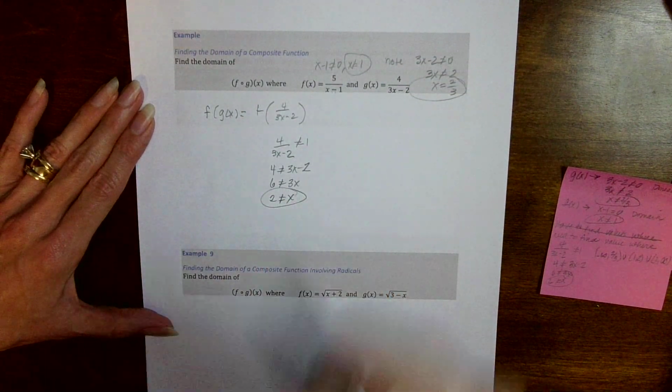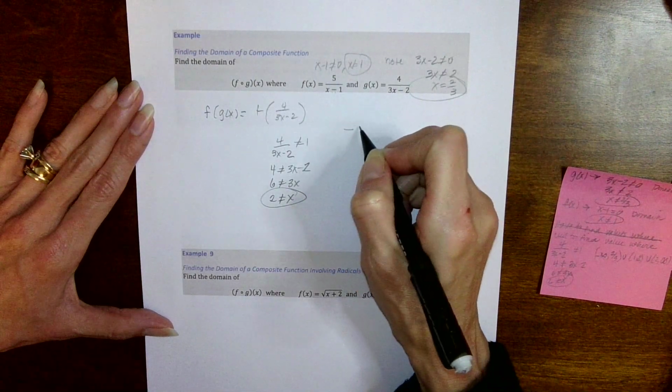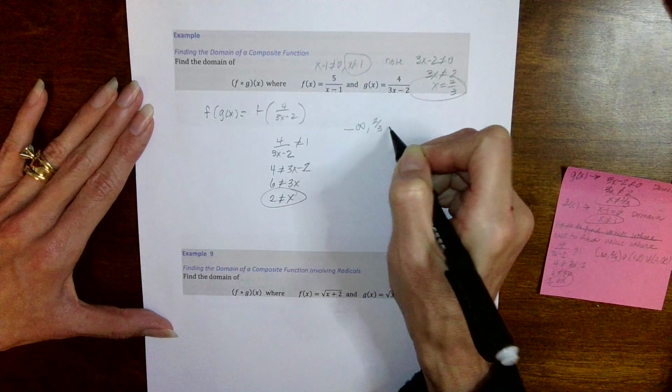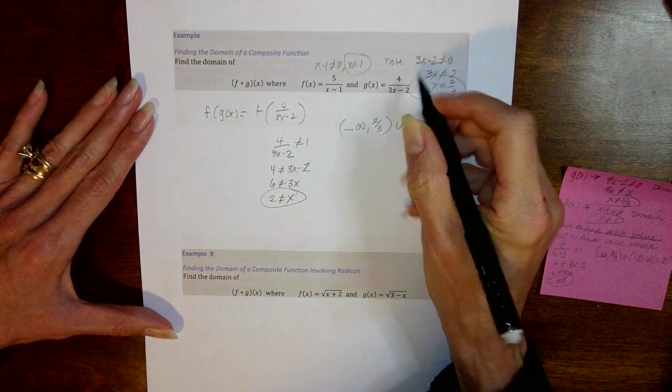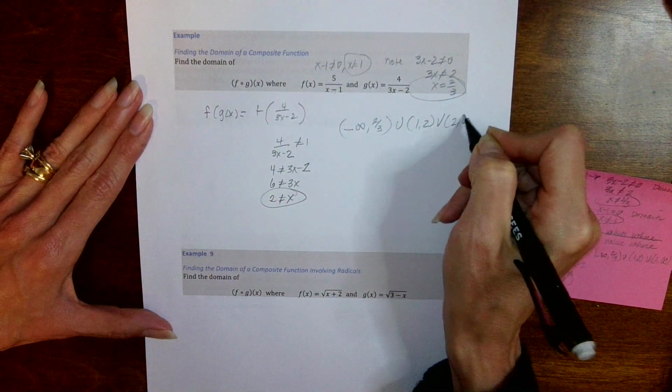So my domain is from negative infinity to 2/3 unioned with 1 to 2 unioned with 2 to infinity.